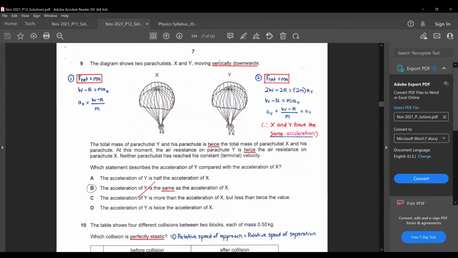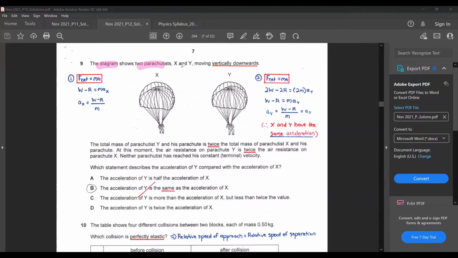For number 9, they tell you the diagram shows two parachutists, X and Y, moving vertically downwards. The total mass of parachutist Y and his parachute is twice the total mass of parachutist X and his parachute. Y has twice as much mass as X, simply put.